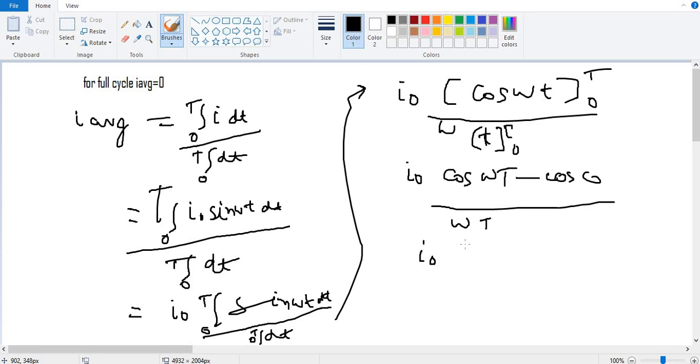Here the integration of sin omega t is nothing but minus cos omega t. So I take the minus outside: minus I naught into cos omega t minus cos omega 0.